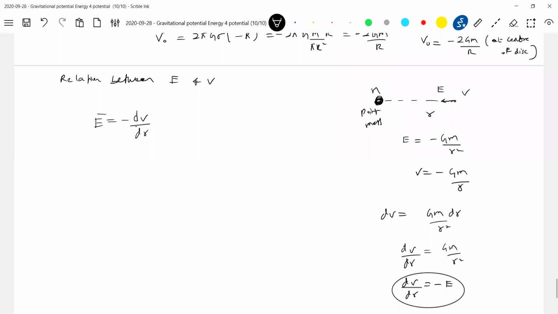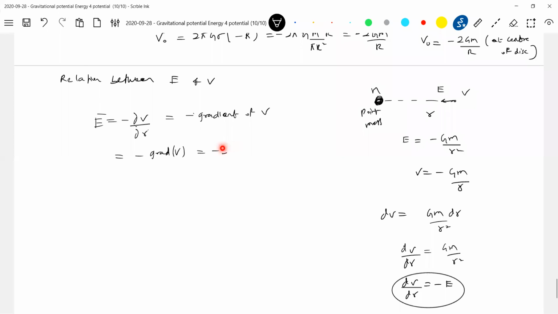So let me stick to the basic definition. For our convenience, let's not change the basic core idea. It's called the gradient of V, or simply minus grad V, or minus delta V. This delta is called the gradient.